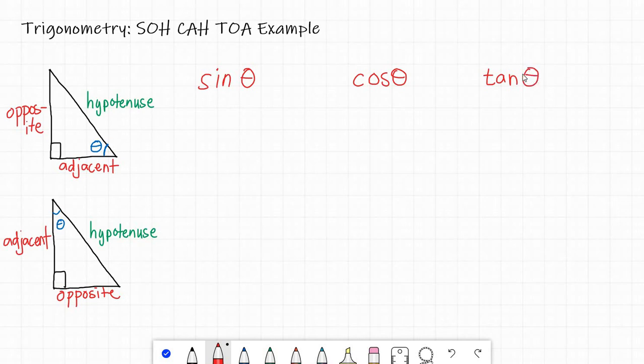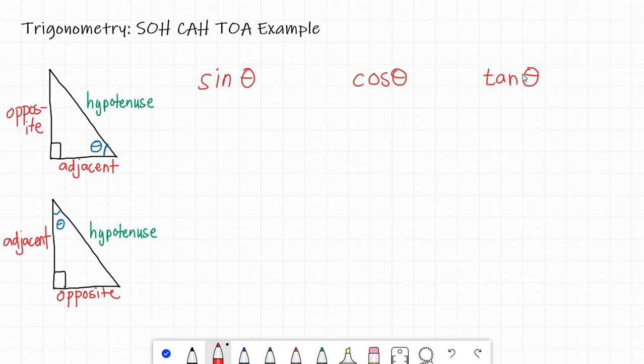So we have these three trig ratios, and what the mnemonic does for us is it tells us which sides to use in order to calculate each of these ratios. So the SO part, SOH, in the mnemonic refers to the sine because the first letter is S, so S for sine.